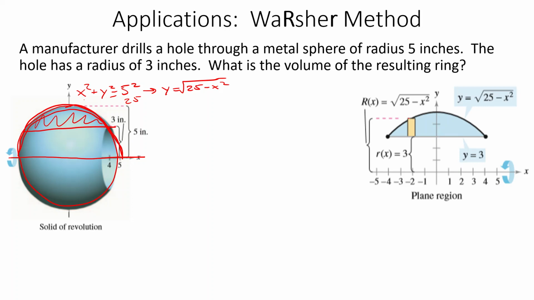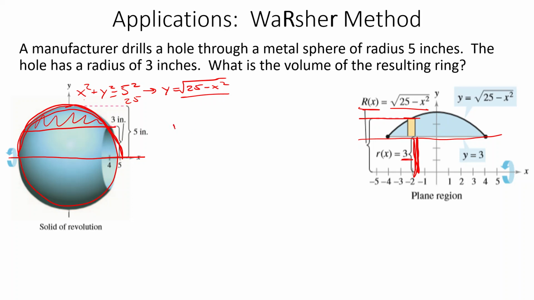So we end up with an outer radius of this big R of this function, the square root, the circle, basically. And then we're going to subtract from it this other radius, which is always just 3. So this distance here from the axis up to what we're drilling out is 3.